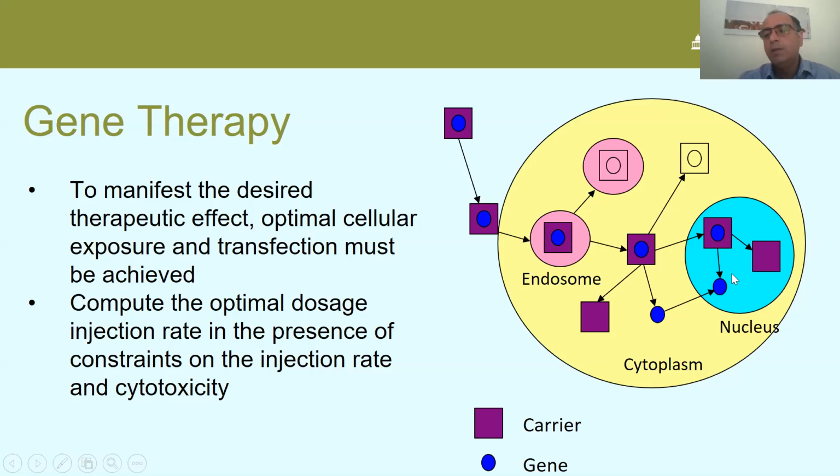Once there is a corrected gene in the nucleus, it will produce cells with the corrected gene, hopefully. Now, the barrier is that this gene cannot be put directly into the cell so easily.